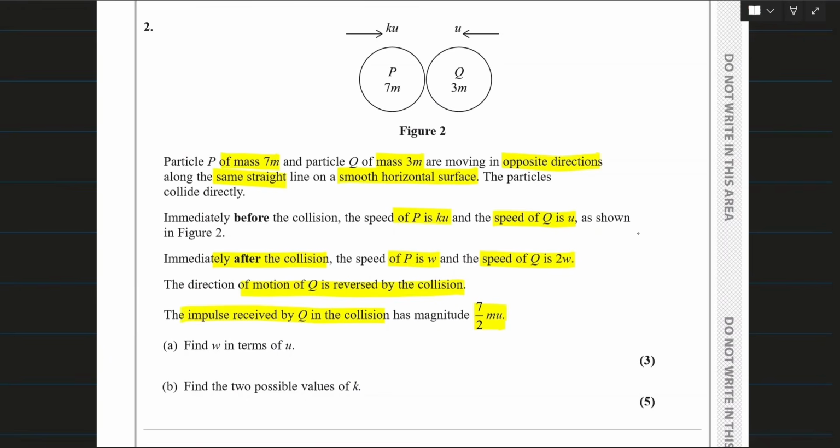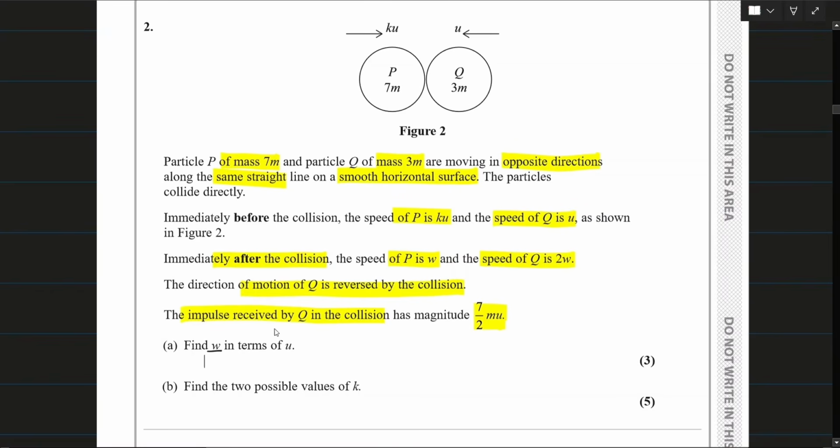In part A, we have to find w in terms of u. We can see from our question that w is the speed after the collision for P, and for Q the speed is 2w.